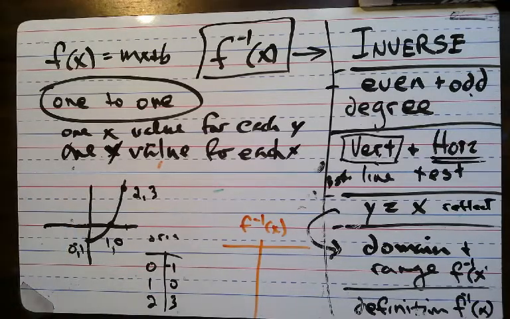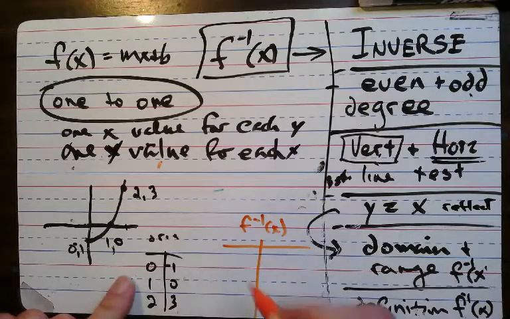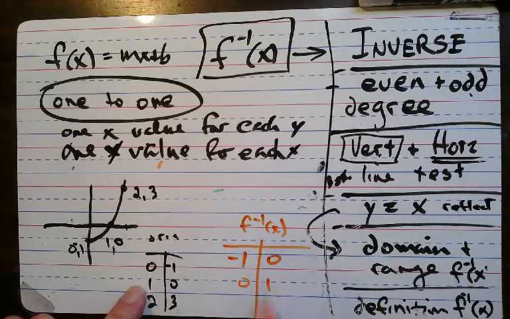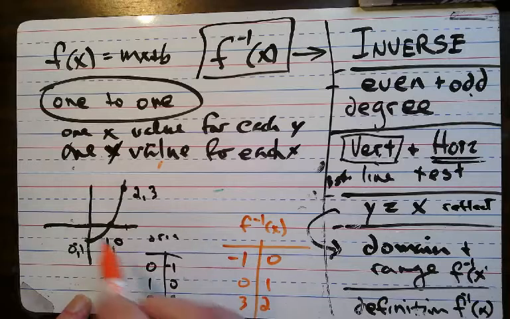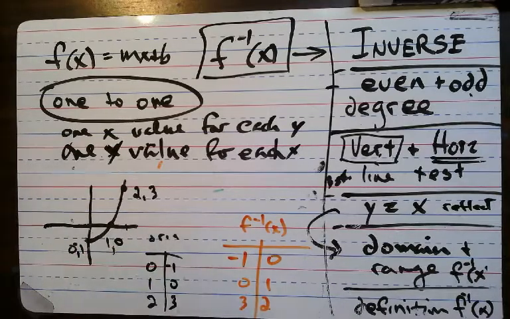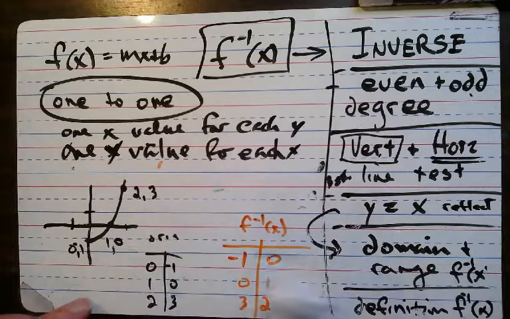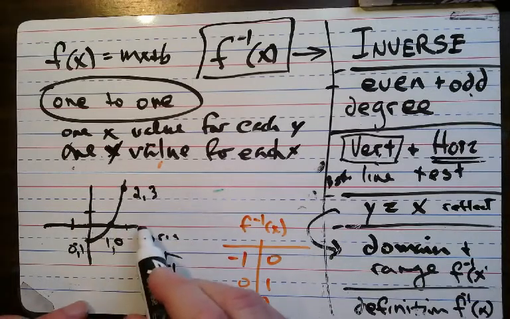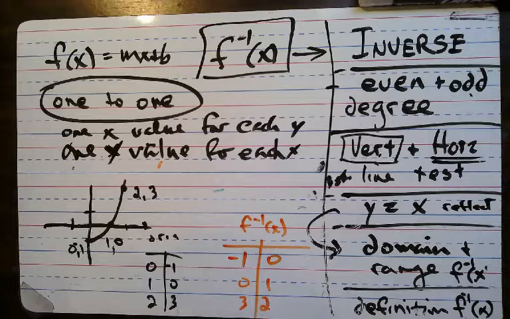Let's just find the points: negative 1, 0, 0, 1, and 3, 2. So negative 1, 0 would be right here, 0, 1 would be right there, and 3, 2 would be right there. Ta-da.